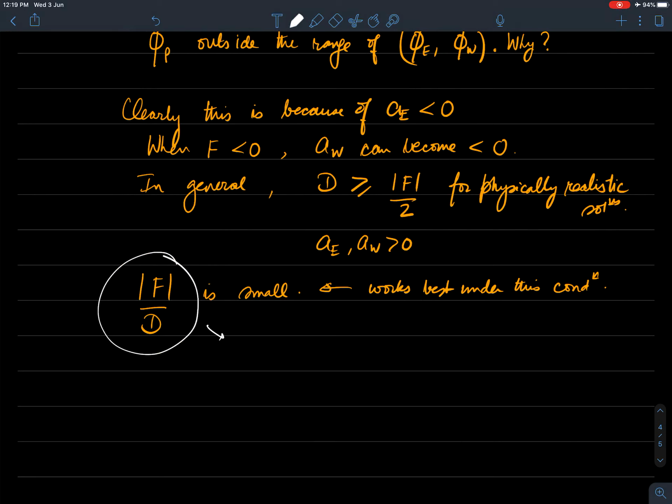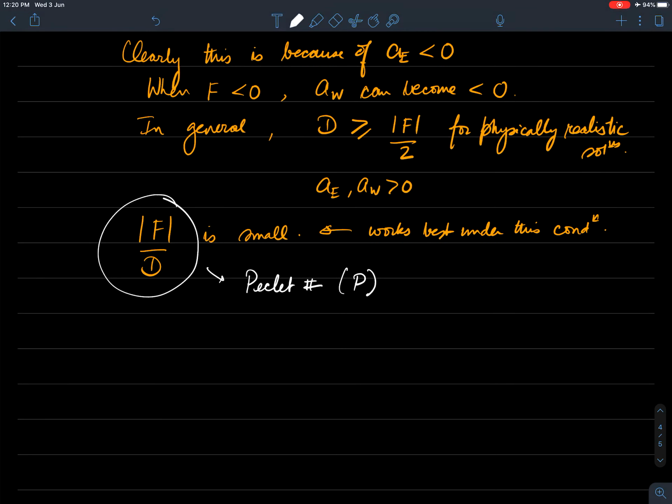Now this number, mod of F by D, is what we call the Peclet number, and we'll denote that by capital P. We'll talk about the significance of the Peclet number very soon. Now, more importantly, if gamma was 0, which means the diffusion coefficient is extremely small, it would mean that D is 0.